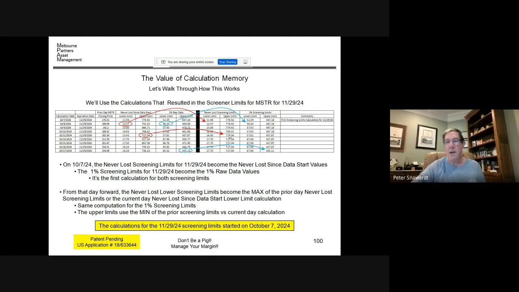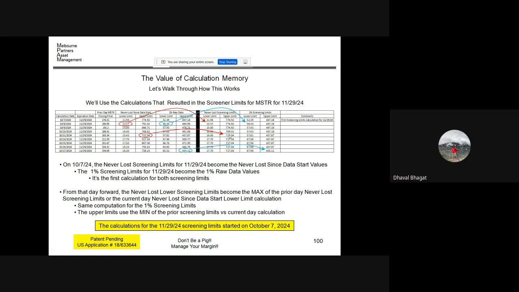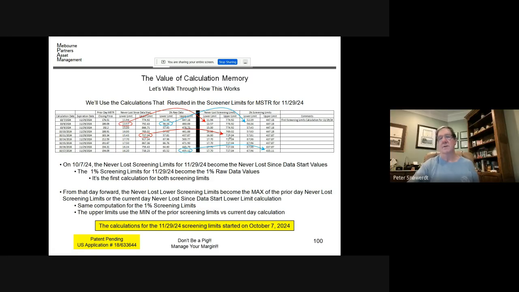So it depends on how much data I have in the screener for that particular symbol. If I have 5 years worth of data in there, approximately how many data points do I have? There's roughly 250 trading days per year.